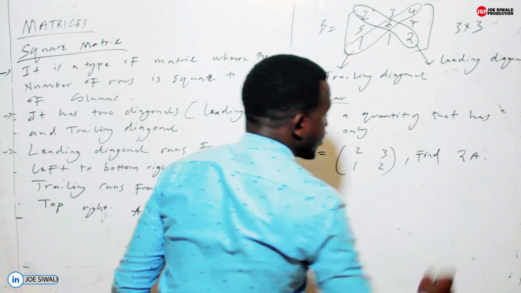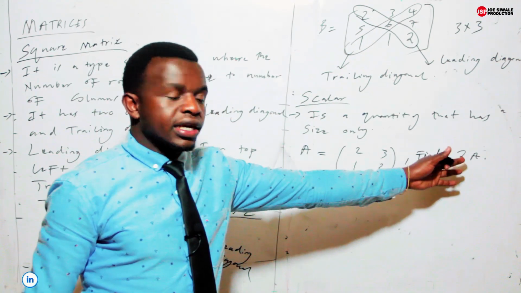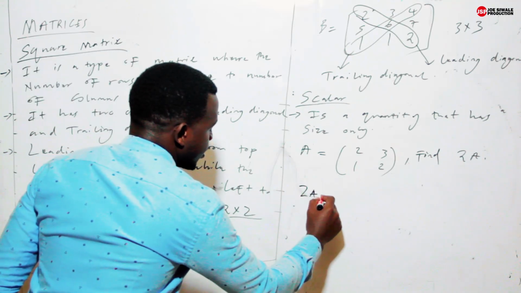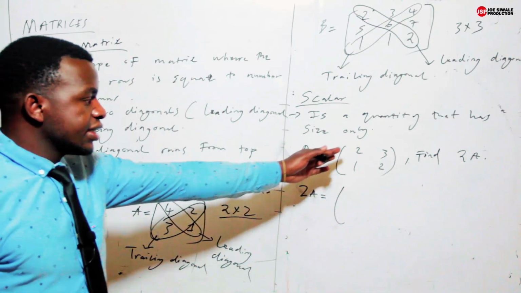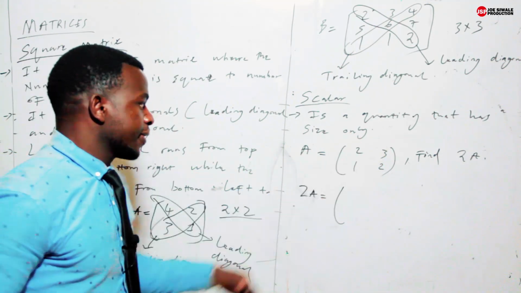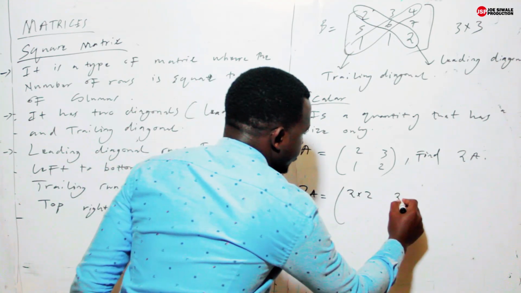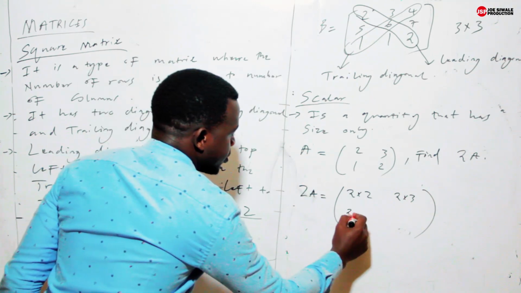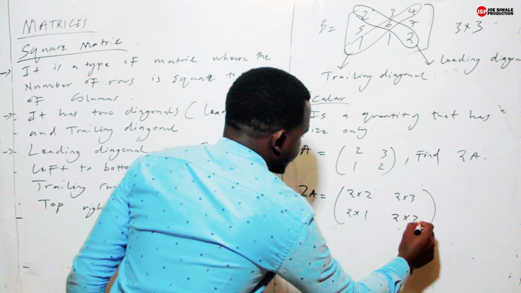2A? As we can see, our 2 there represents the scalar. To find 2A, we need to multiply 2 with each element of matrix A. So we say 2 multiplied by 2, 2 multiplied by 3, 2 multiplied by 1, and also 2 multiplied by 2.